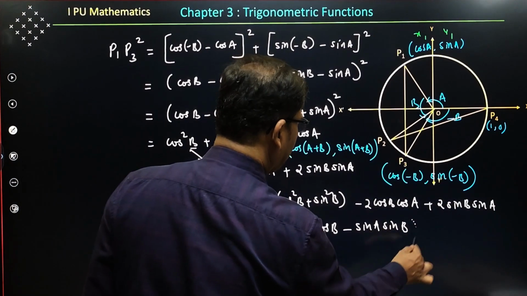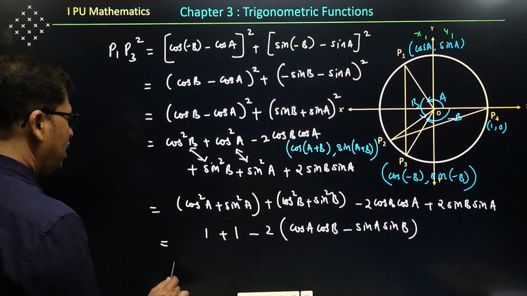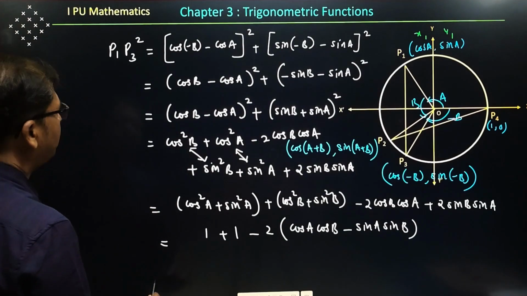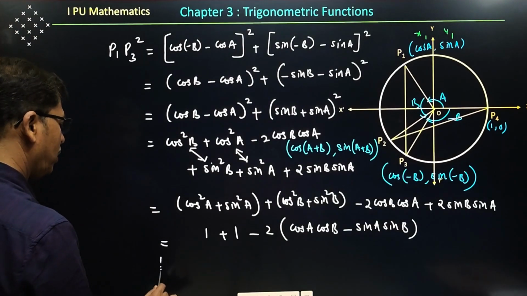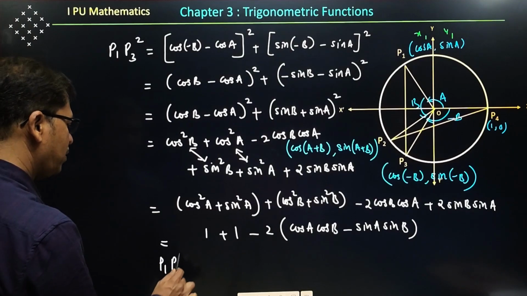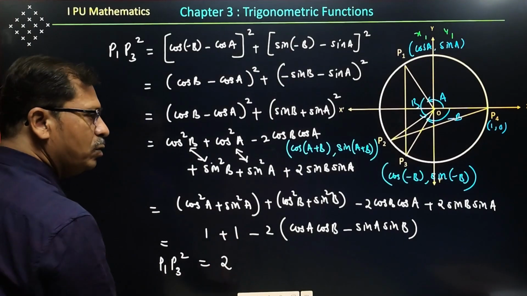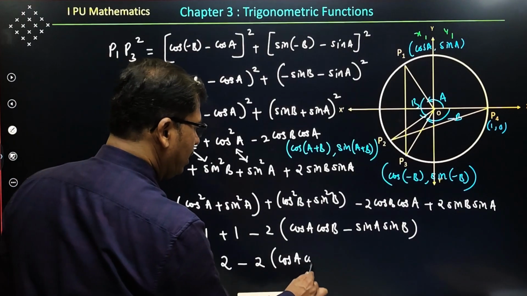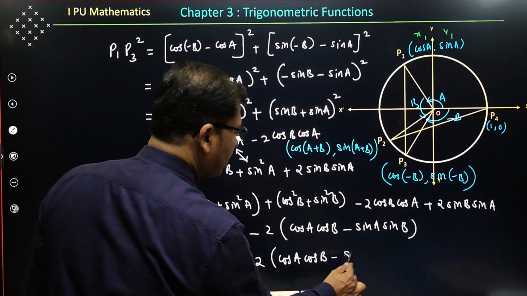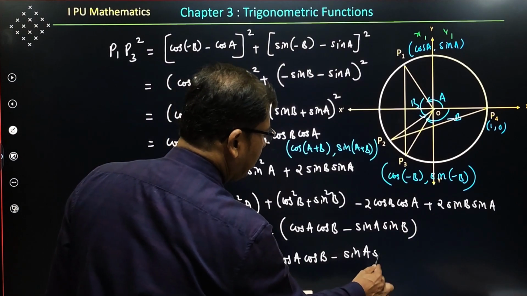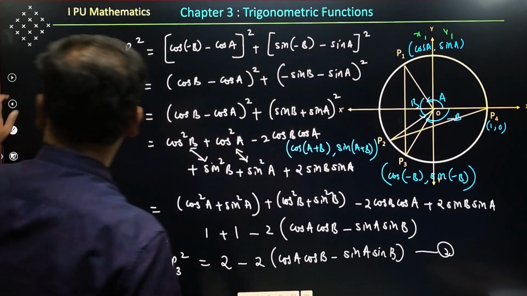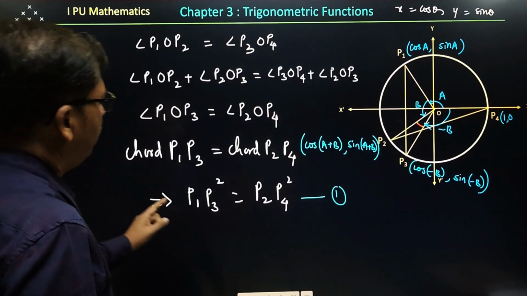With this calculation, in the last step P1 P3 square is equal to 2 minus 2 into bracket cos a cos b minus sin a into sin b, and you call this equation number 2.